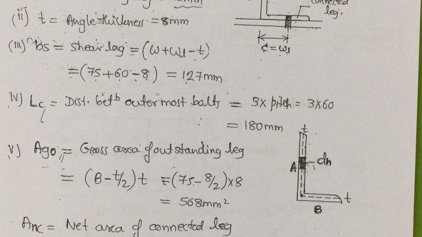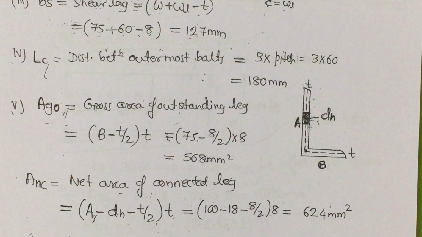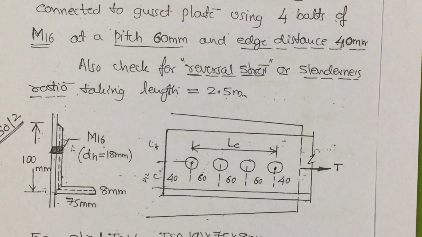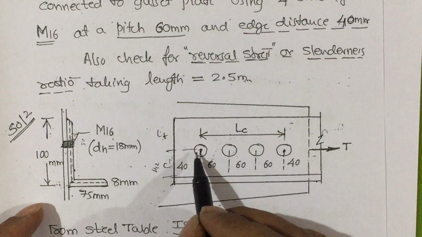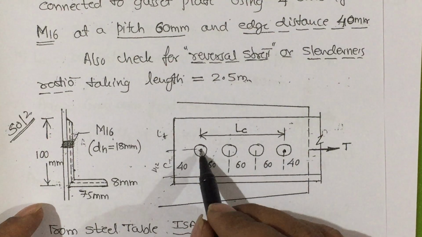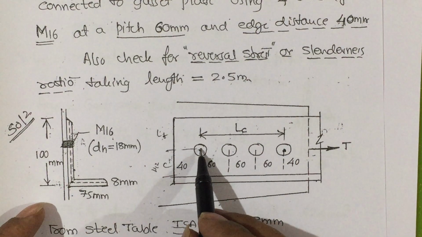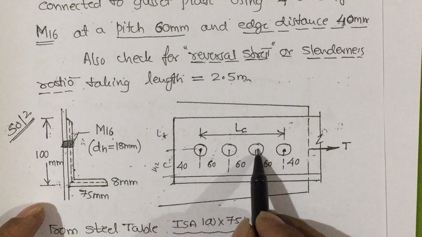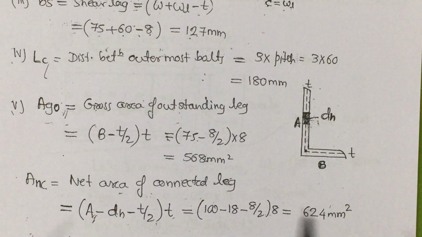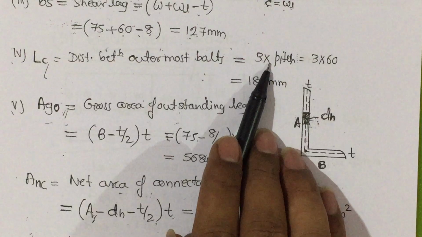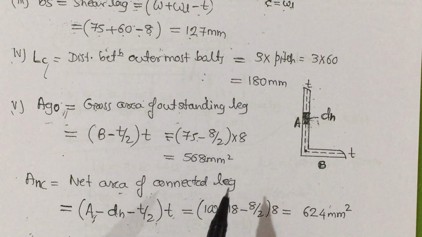Then Lc is the distance between outermost bolts, from center to center of the outermost bolts we call that Lc, that is given by 60, 60, 60. We can write that as 3 times the pitch distance. So 3 into 60, that will become 180 mm.